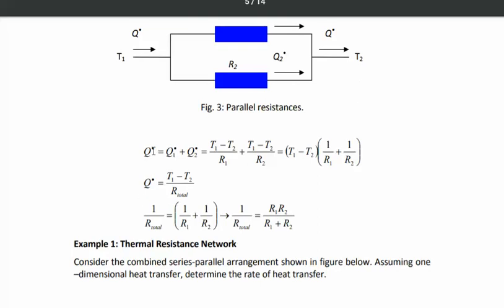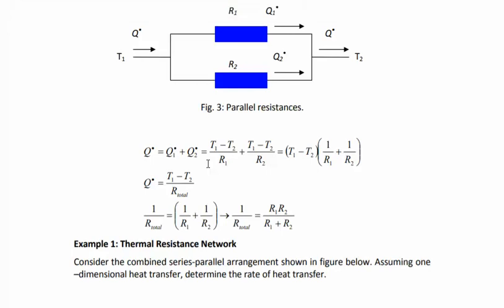For the complete heat transfer, Q is equal to Q1 plus Q2. Here both are in the conduction phase, not in the convection phase. Then (T1 minus T2) by R1 plus (T1 minus T2) by R2, if you take the common term from both, will be equal to T1 minus T2, that whole multiplied by 1 by R1 plus 1 by R2.